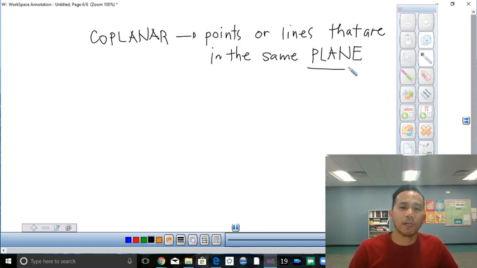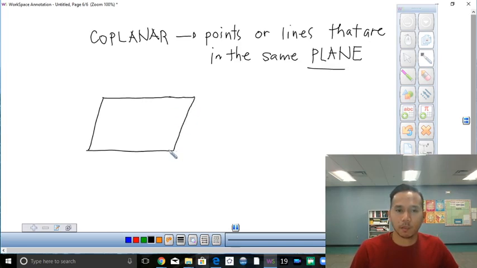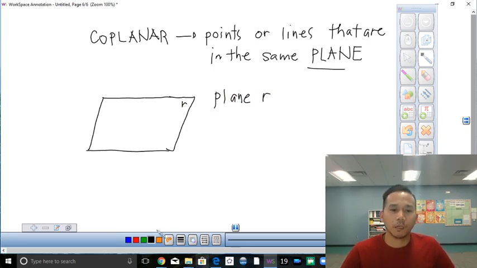Example, so if I have here a plane, let us say plane R. So let us say this is plane R. And on plane R, you see points.